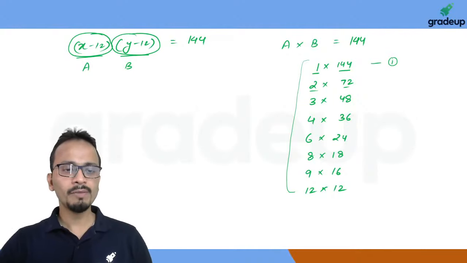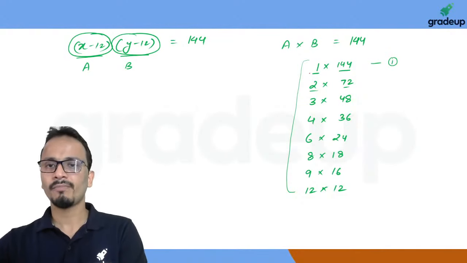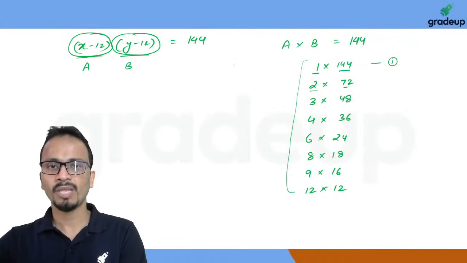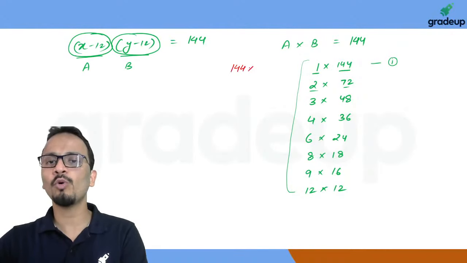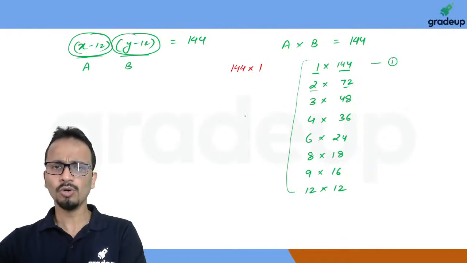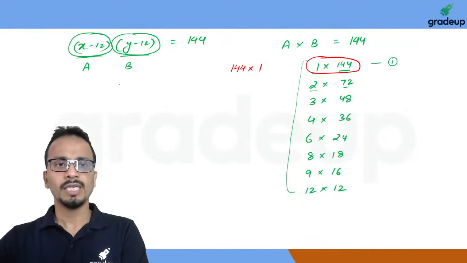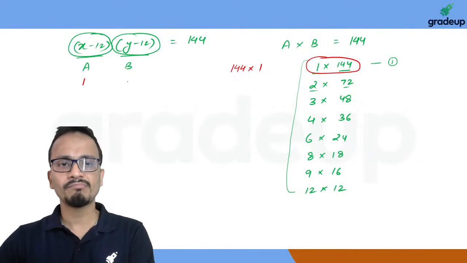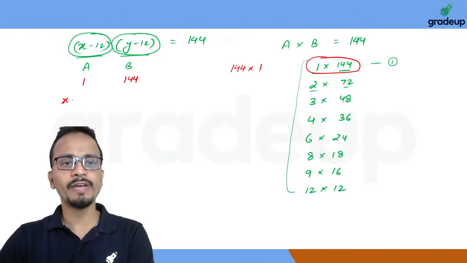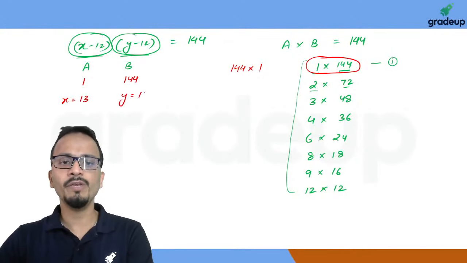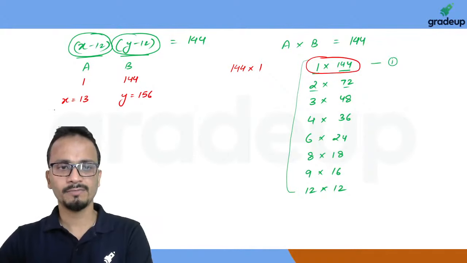Now also it must be understood that I have written 144 as 1 into 144. If I write it as 144 into 1, let's say A is 1 and B is 144, then the value of x will be equal to 13 and the value of y will be 156.